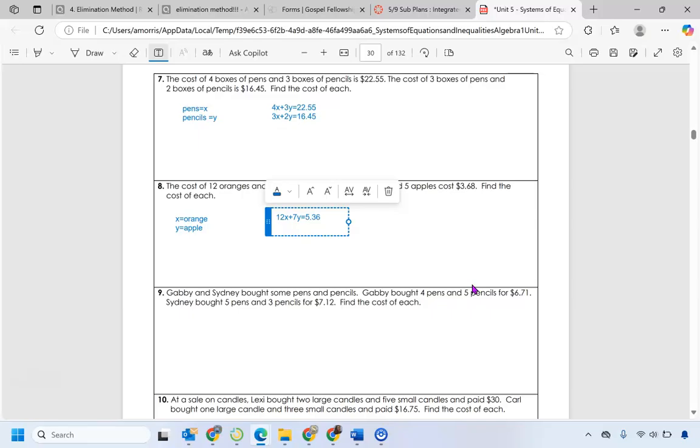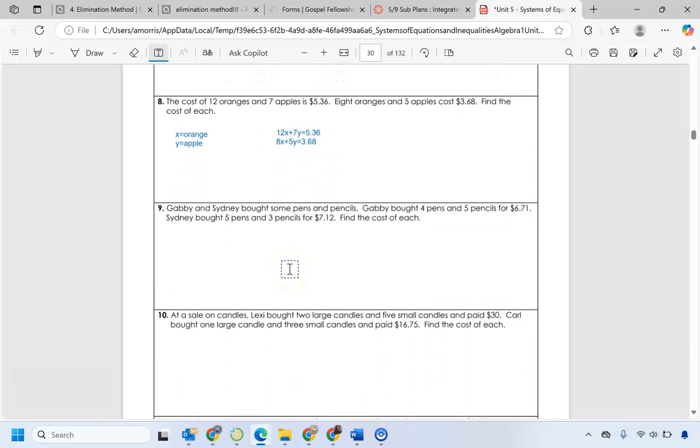Another constraint is 8 oranges and 5 apples are $3.68. So 8 oranges and 5 apples is $3.68, okay? And then again, we wouldn't be able to solve this like this. We could decide if we wanted to get rid of the X or the Y and keep going.